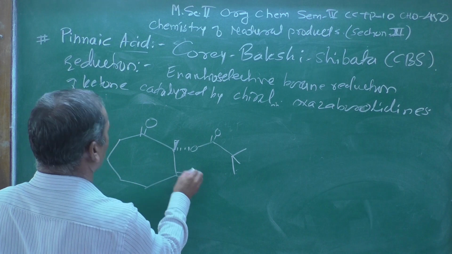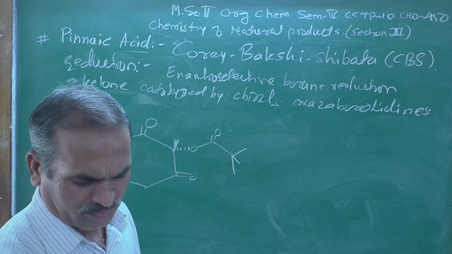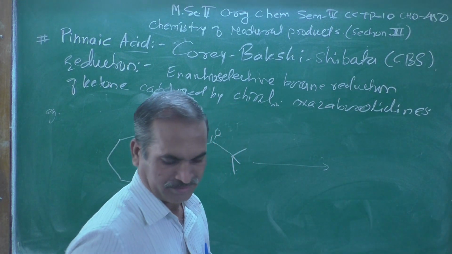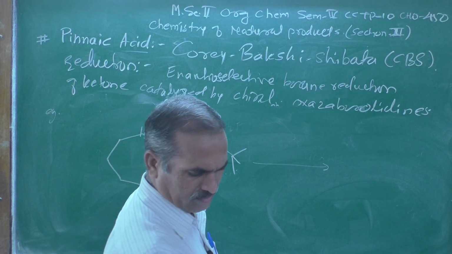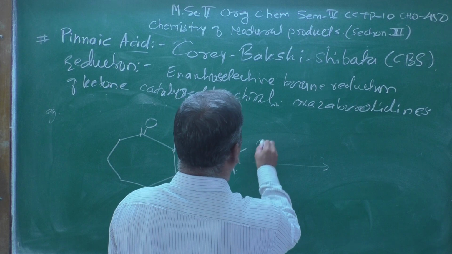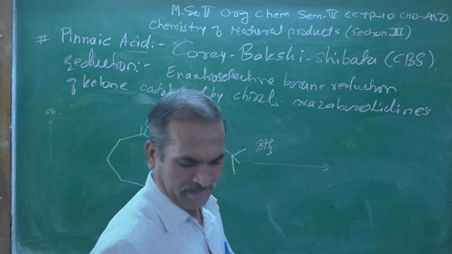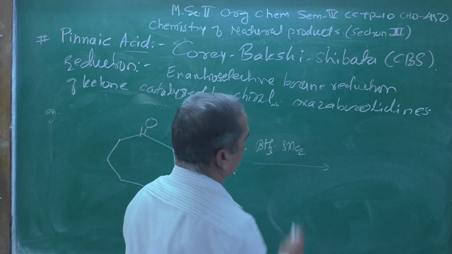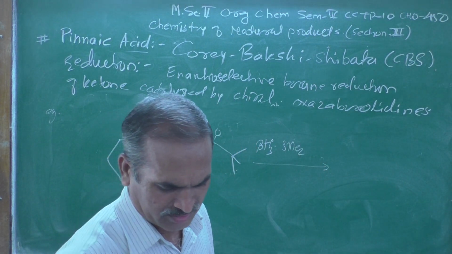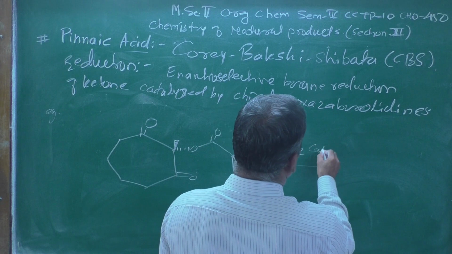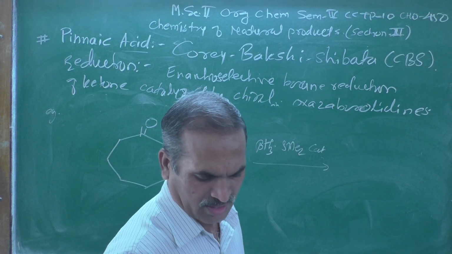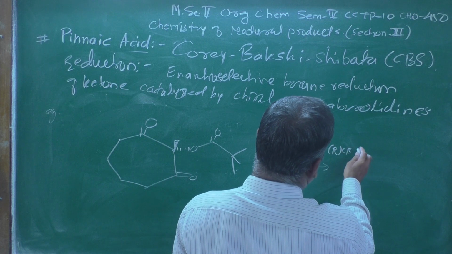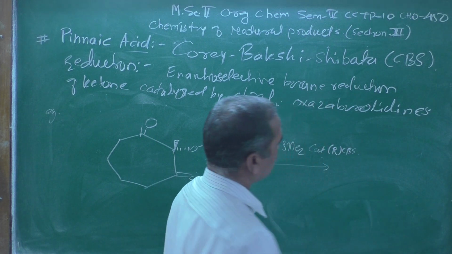Here is a carbonyl group, here also has a carbonyl group, and when it is treated with a reagent like this one, BH3·SMe2 dimethyl sulfide, the catalyst used is R-CBS.